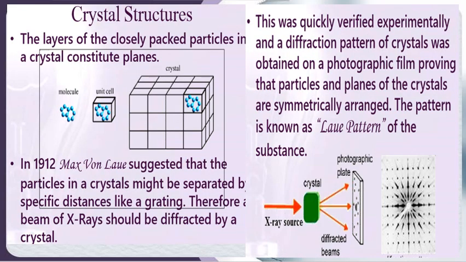Now, X-rays also helped in determination of crystal structures. Crystals are formed of closely packed particles in particular layers in three-dimensional space, having specific points, right? Now, according to Max von Laue, it was thought that the particles in the planes in the crystal might be separated by a distance of the same magnitude as the wavelength of the X-rays, right?